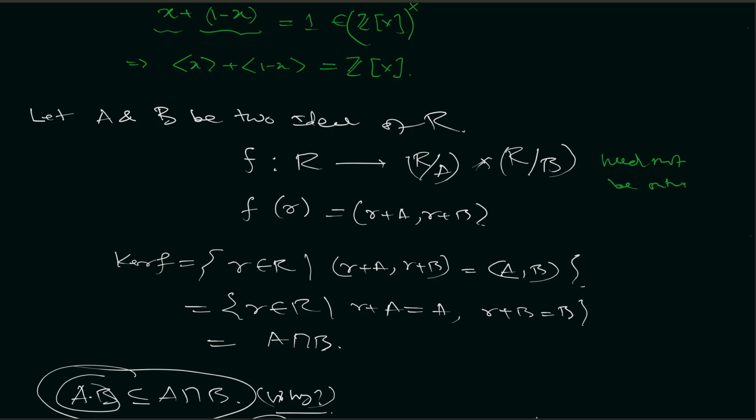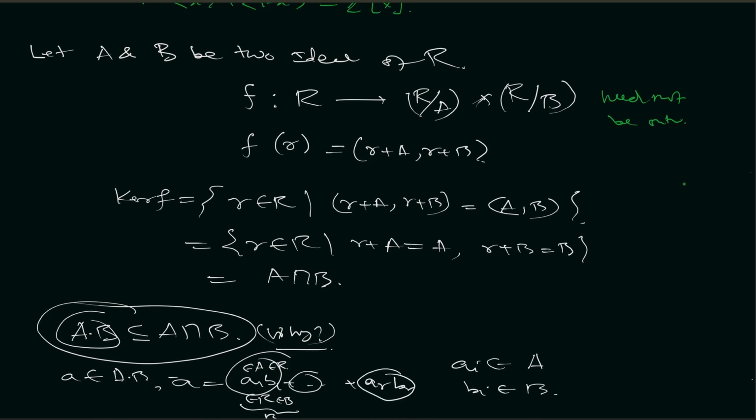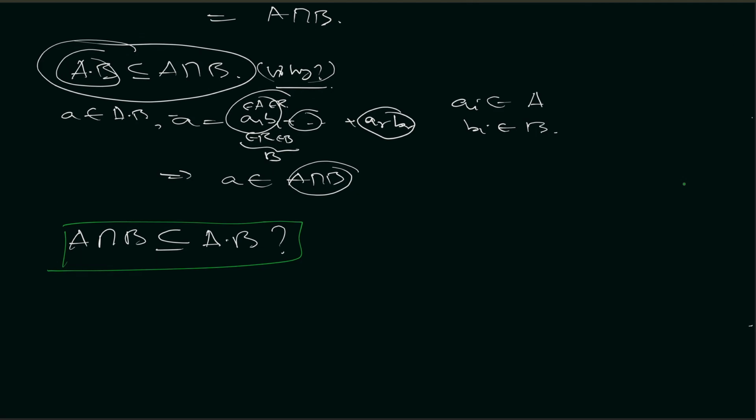What is the choice? How can I make this map an onto ring homomorphism, so that I can apply the first isomorphism theorem, to show what is called the Chinese remainder theorem? Just forget about the name.